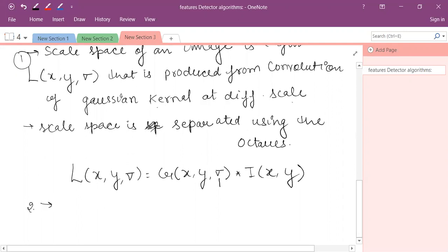So what is the second step? The second step, we have to compute the difference of the Gaussian kernel. It means you have to check the images at the different sigma values of the Gaussian blur filter, and you have to take the difference. So it is indicated as DOG, that is called difference of Gaussian.